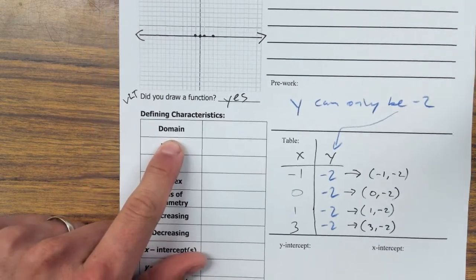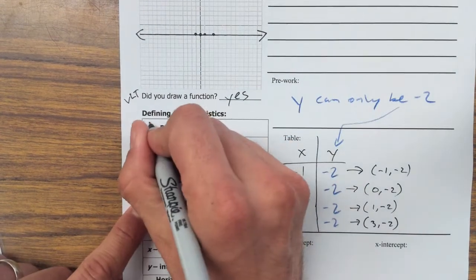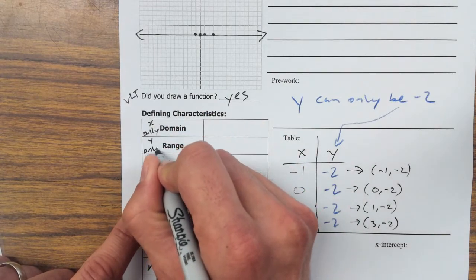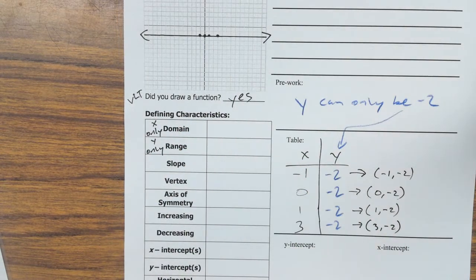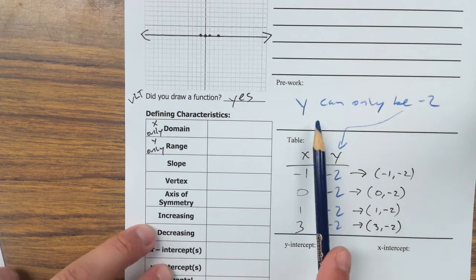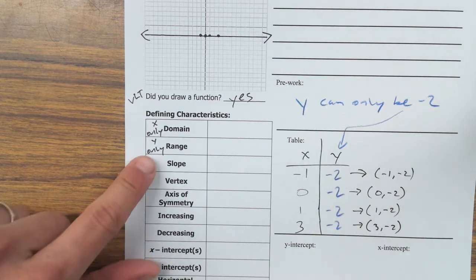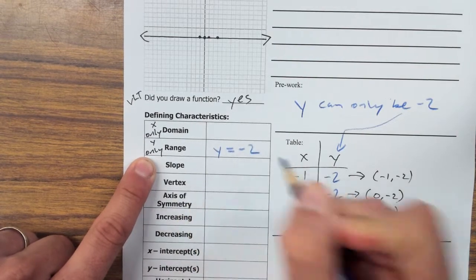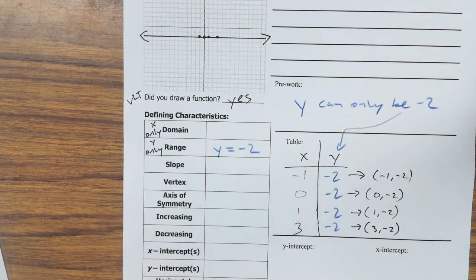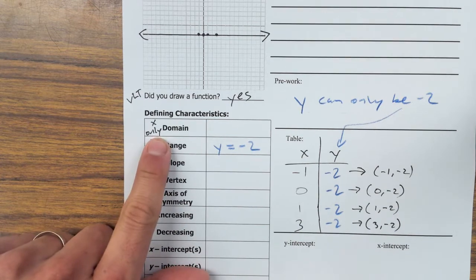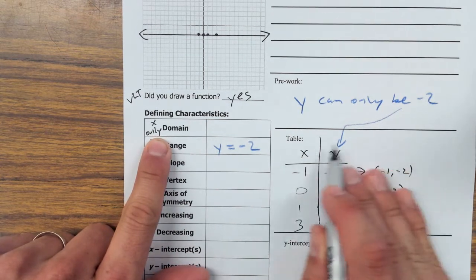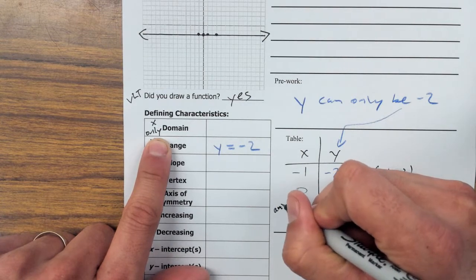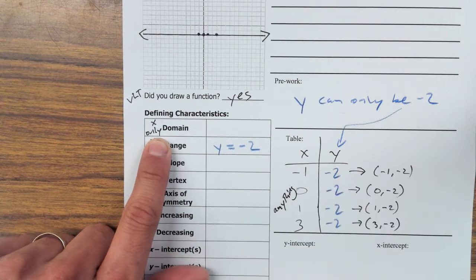What is the domain? The domains are the x's only, and the ranges are the y's only. If we remember, y can only be -2, so for the range, y is only -2. But for the x's, when we made the table, we said x could be anything.